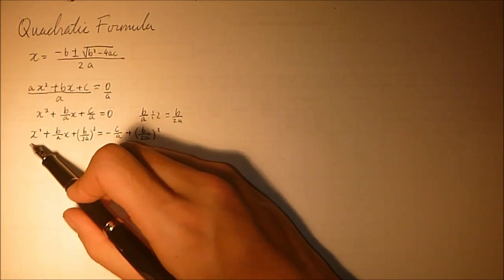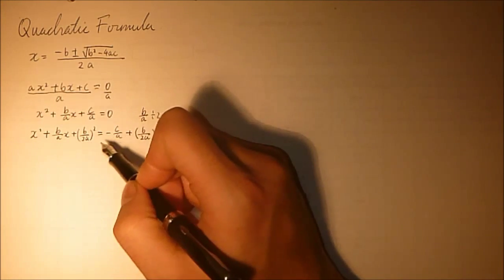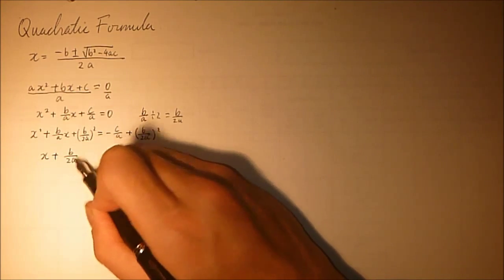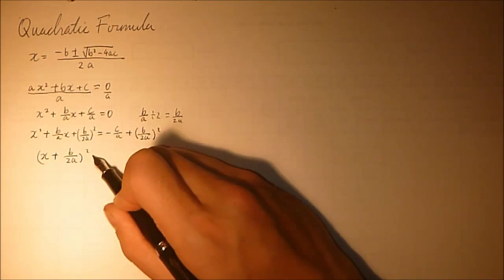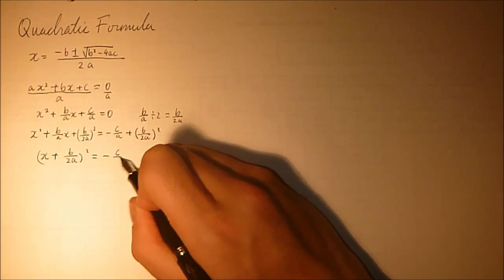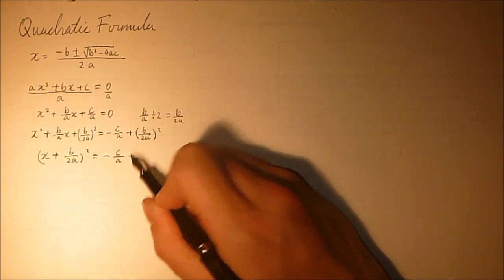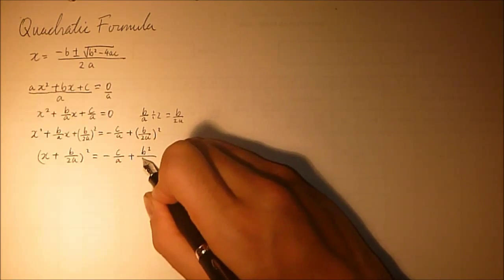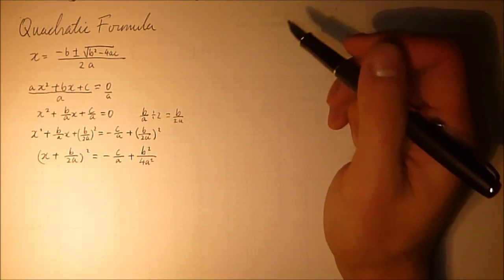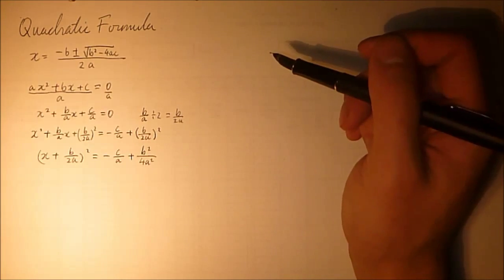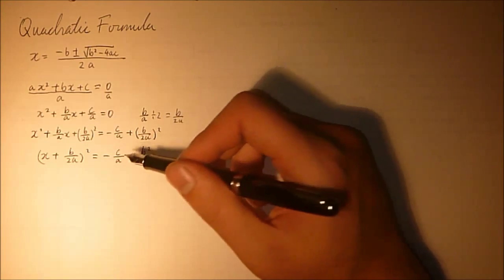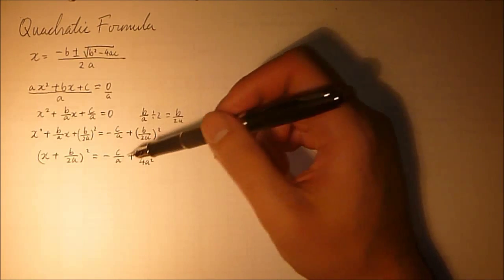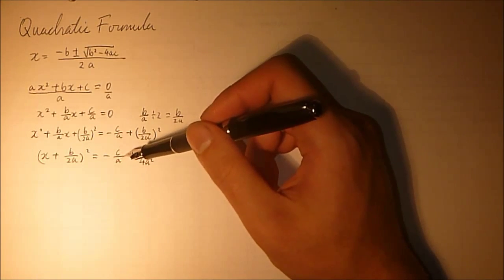Now, as you can see, this part is a perfect square, x plus b over 2a squared, and on this side it's slightly more complicated: minus c over a plus b squared over 2a squared, which is 4a squared. To add these two we have to make the denominators the same.